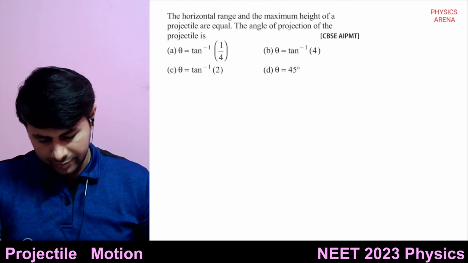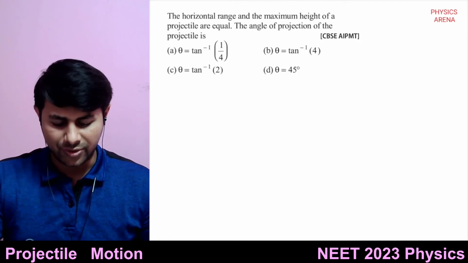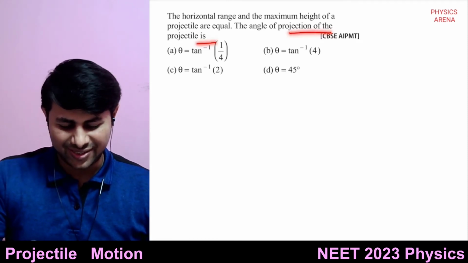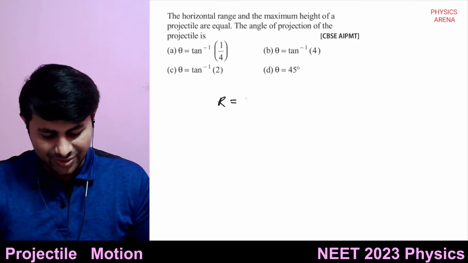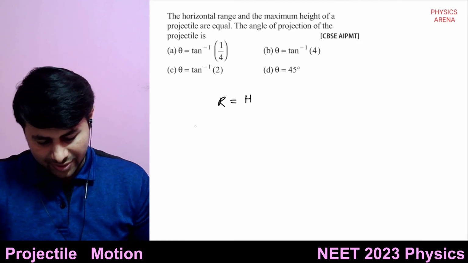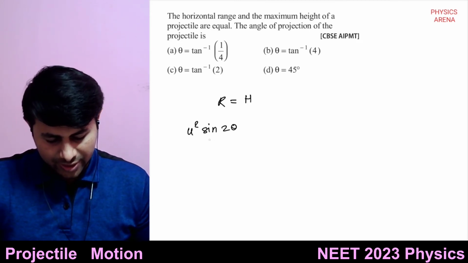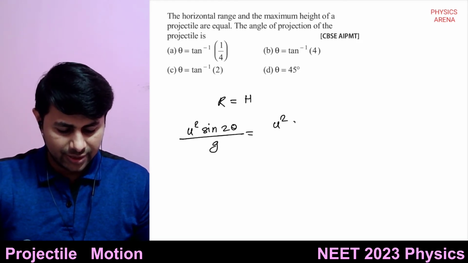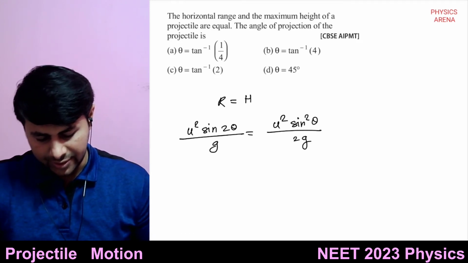This one, horizontal range and maximum height of projectile are equal. Okay, this is a different question. The angle of projection of the projectile is? So they are saying horizontal range R is equal to H. So u square sine 2 theta upon g is equal to H, which is u square sine square theta divided by 2g, and we want the angle theta.